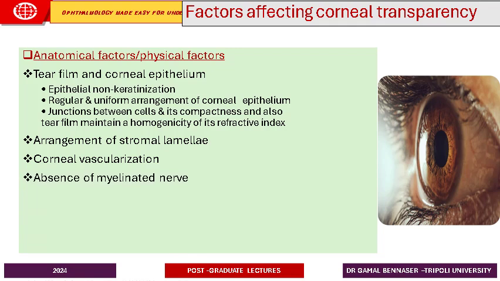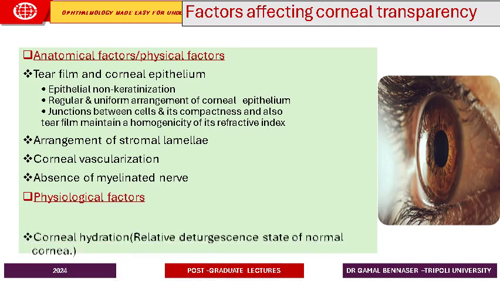As you know, the cornea is an avascular structure, and the absence of lymphatic channels and blood vessels also contributes to its transparency. And even the nerves inside the cornea lose their myelin sheath once they pass through the limbus. So this is another important factor. So these are the anatomical factors that contribute to corneal transparency.